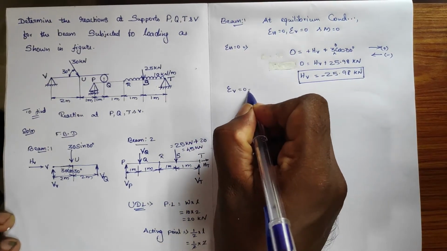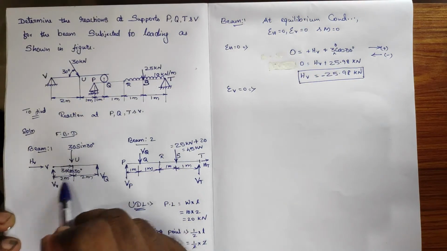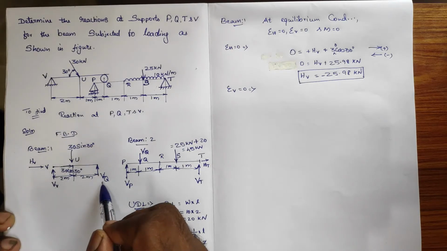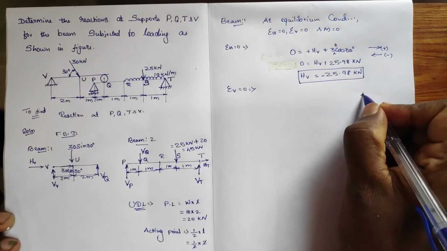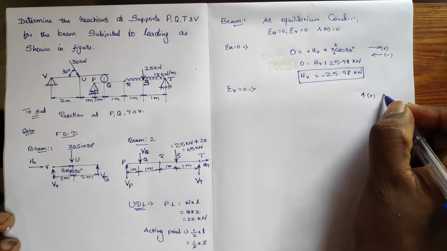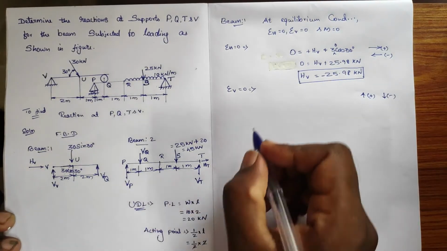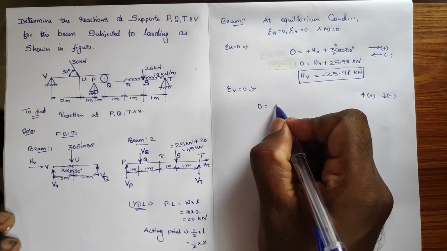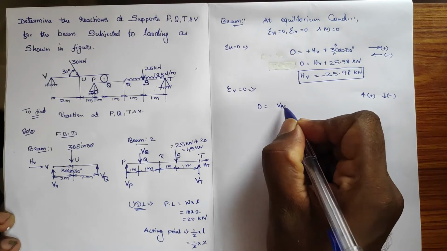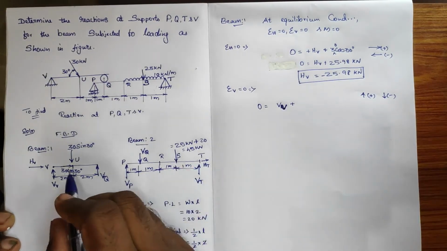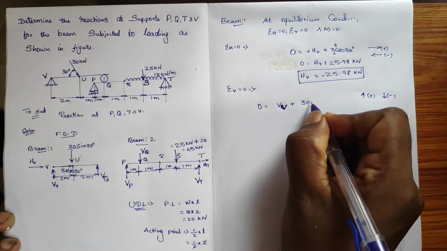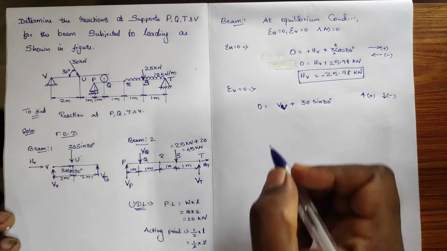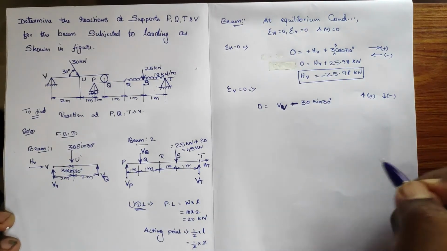Sum of vertical force is equal to 0. Add all the vertical forces acting in beam 1. Here the vertical forces are VV, 30 sine 30 degree, and VQ. The force acting upward is positive, the force acting downward is negative. So 0 is equal to VV, which is acting upward, so positive sign, plus 30 sine 30 degree, which is a downward force, so it carries a minus sign, not a plus.